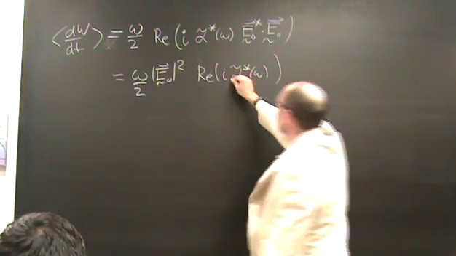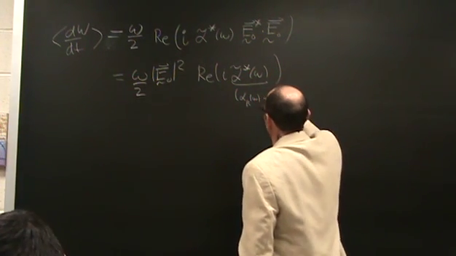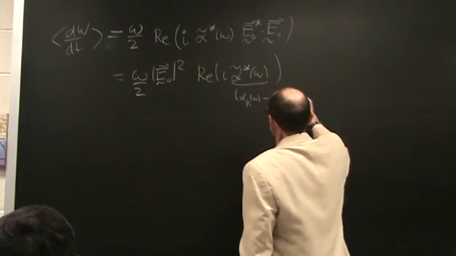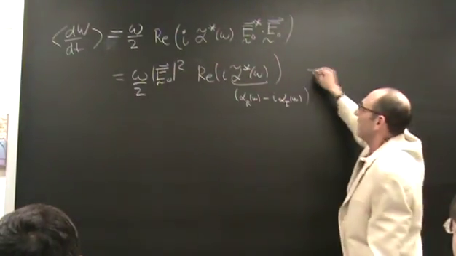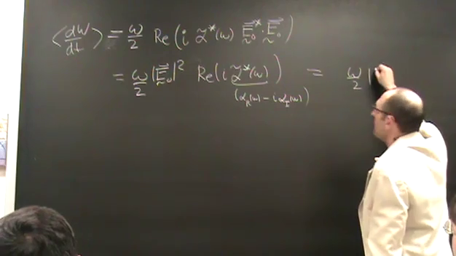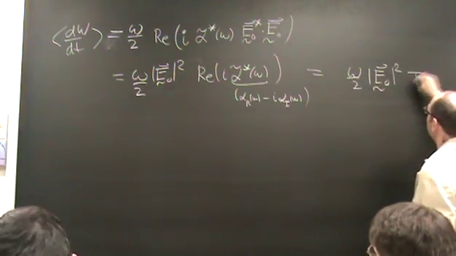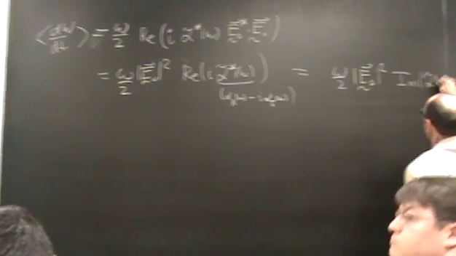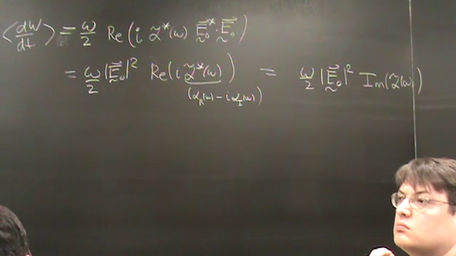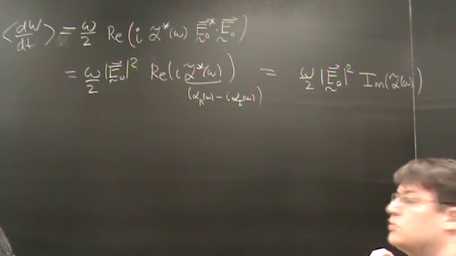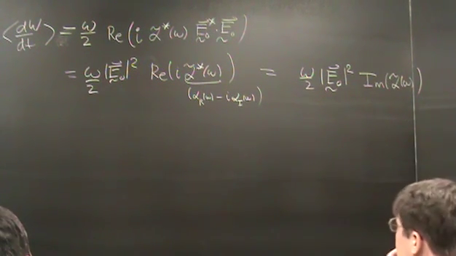If I write this as the real part of alpha minus i times the imaginary part of alpha, then when you multiply by i, what you get is, as promised, the amount of absorption is proportional to the imaginary part of alpha. And it's proportional, of course, to the energy that's being put in there as well.